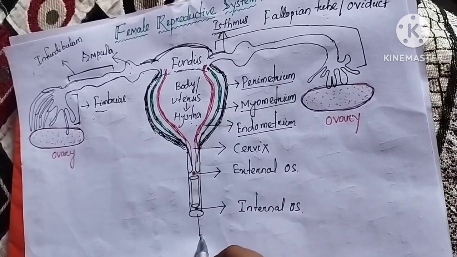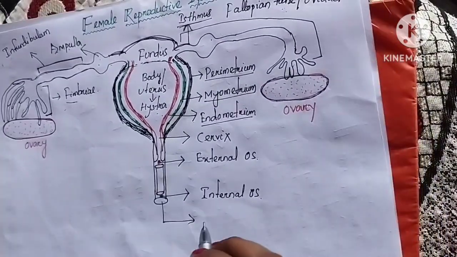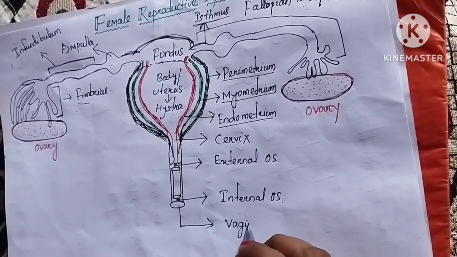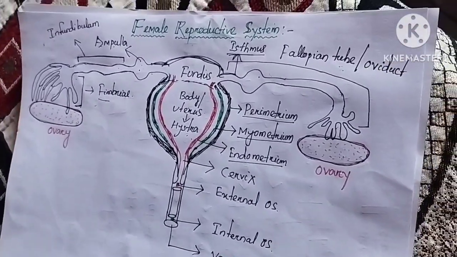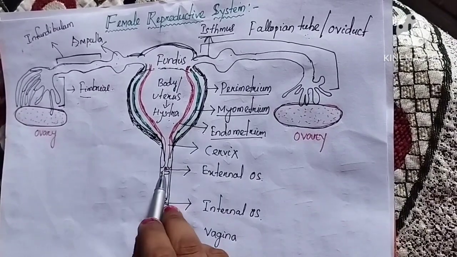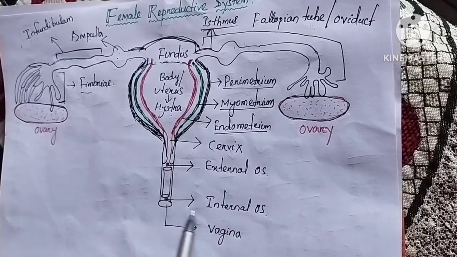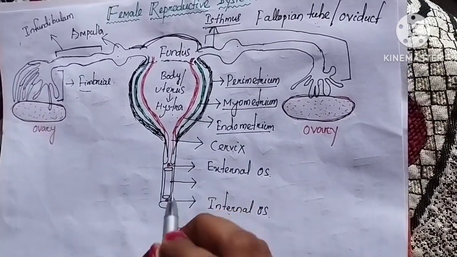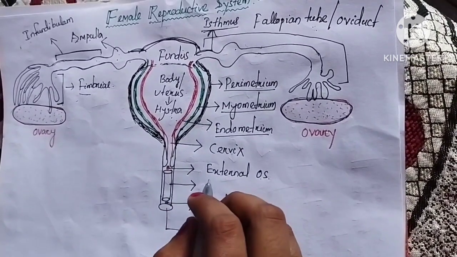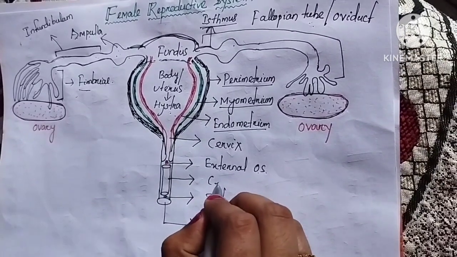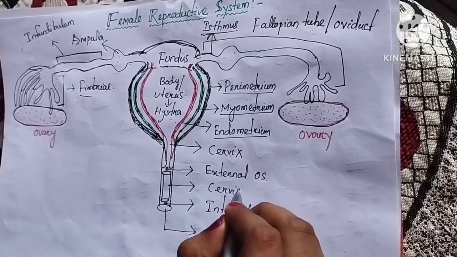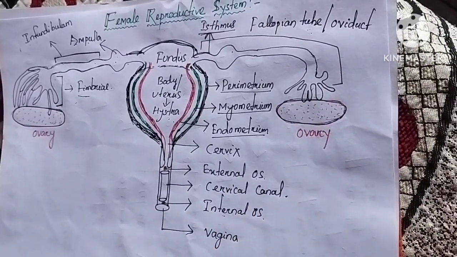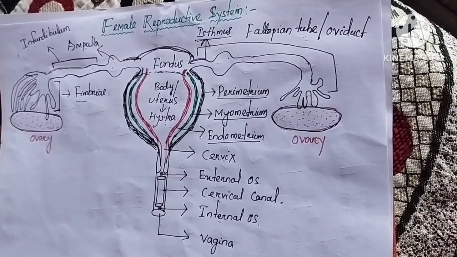The opening part is called the vagina. The funnel-shaped structure is called the cervical canal.